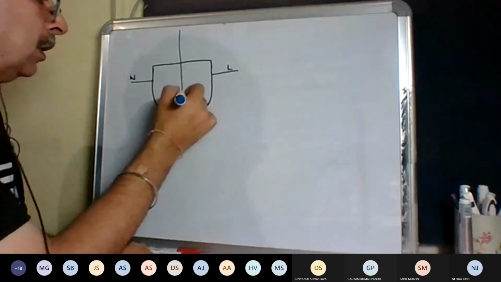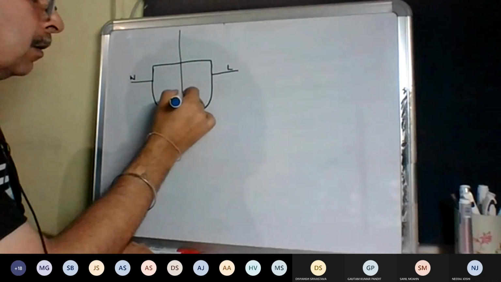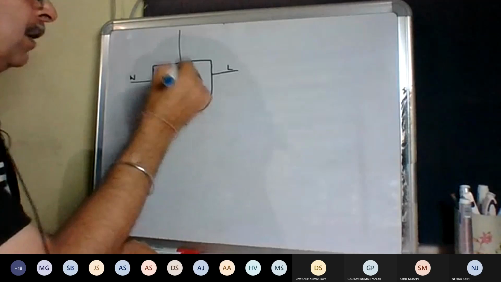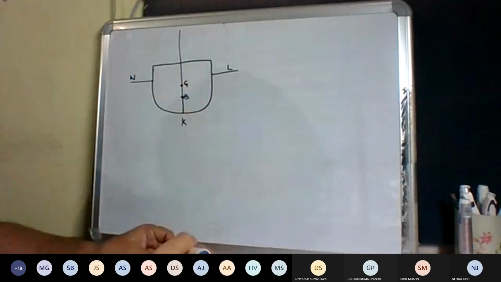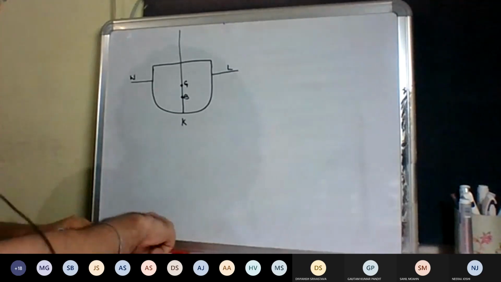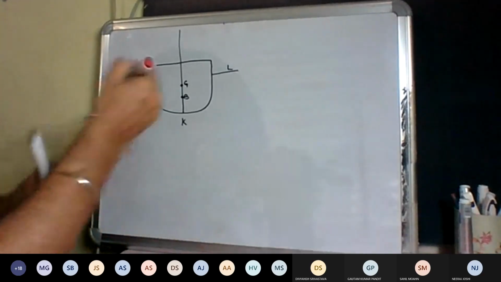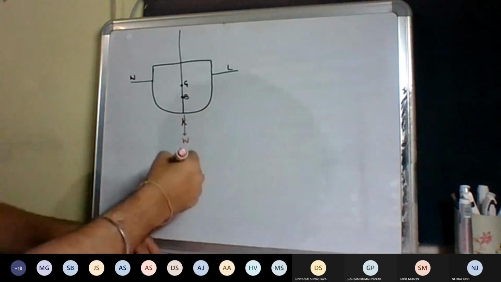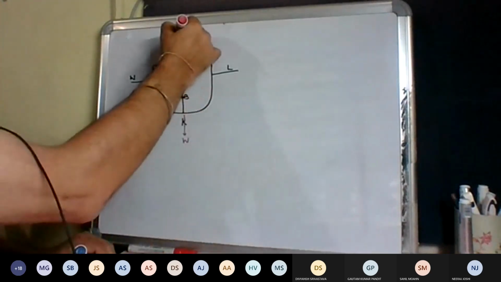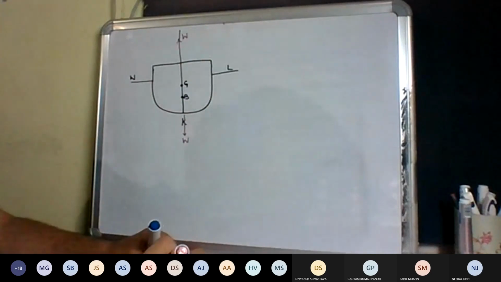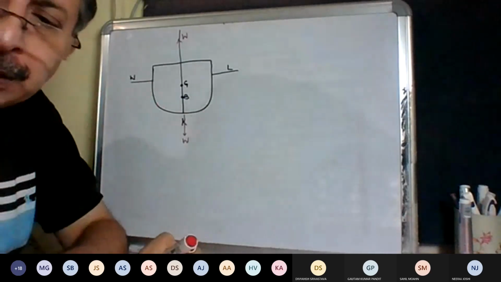Now, the center of buoyancy will be somewhere here, and the center of gravity will be somewhere here. Through the G, the W will be acting downward like this. And through the B, W will be acting upward like this, the force of buoyancy. And therefore, the vessel is in stable equilibrium.